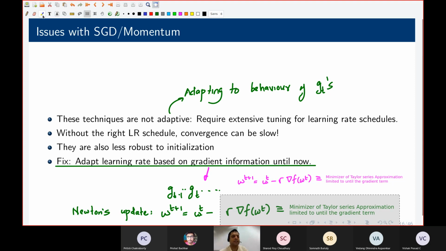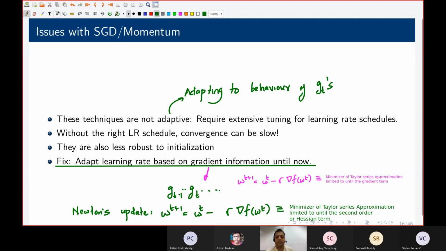the Newton method, which says instead of minimizing the Taylor series approximation limited until the gradient term, you also look at the second order, limited until the second order, which is the Hessian term. And that gives you a slightly different update.